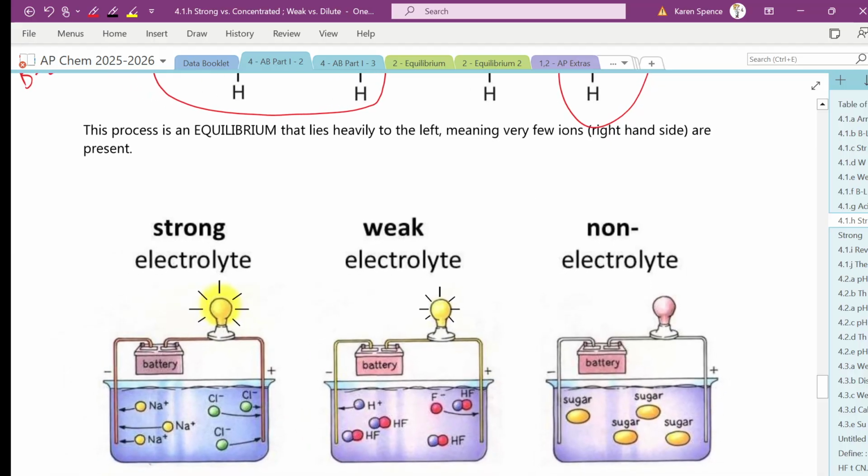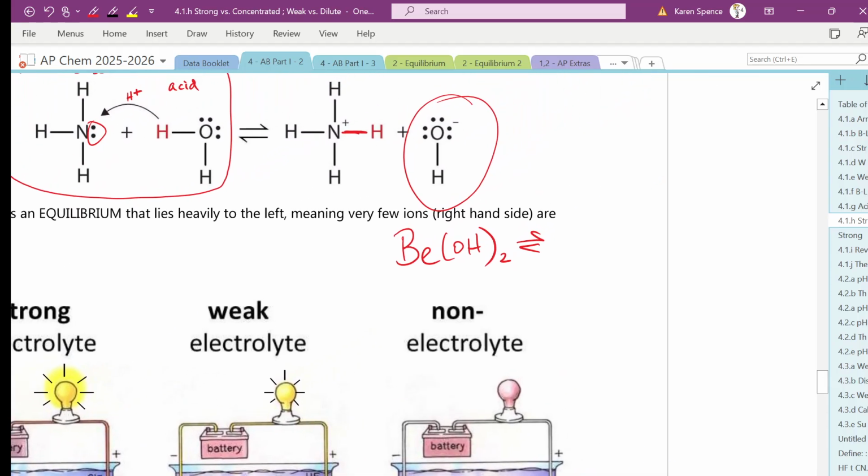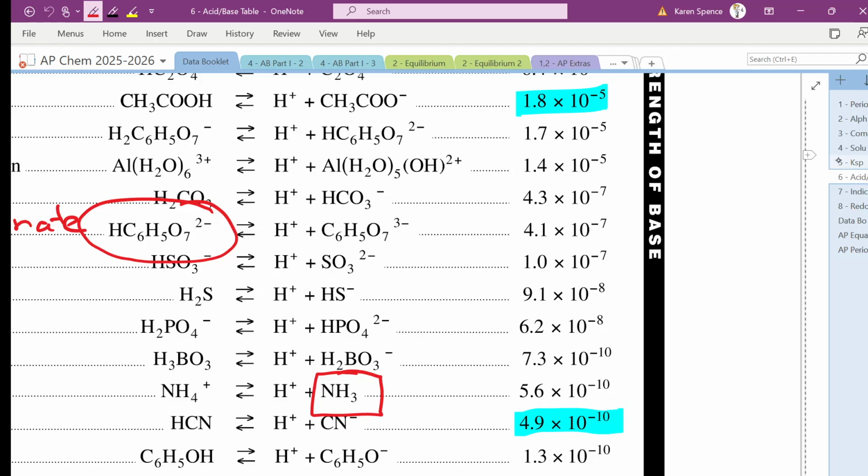So for hydroxides, for example beryllium and magnesium, those are low solubility. Are these still bases? They will give you a basic solution, but it's going to be very, very tiny. Let's take a quick look at our data booklet.